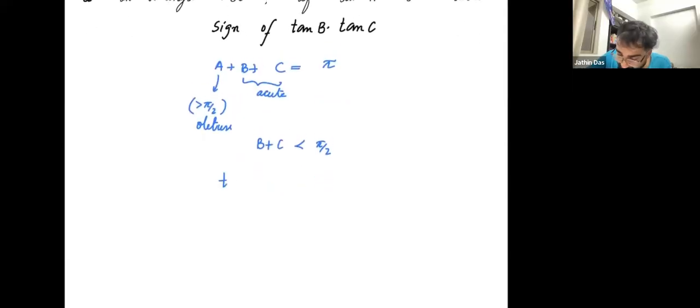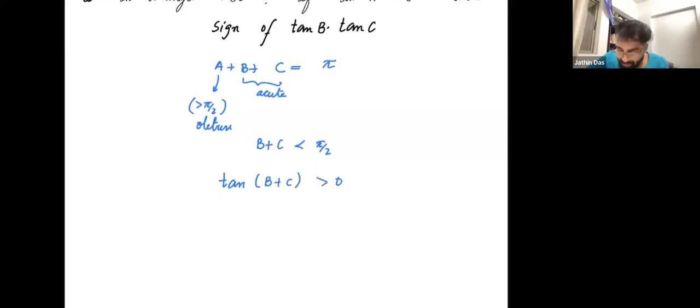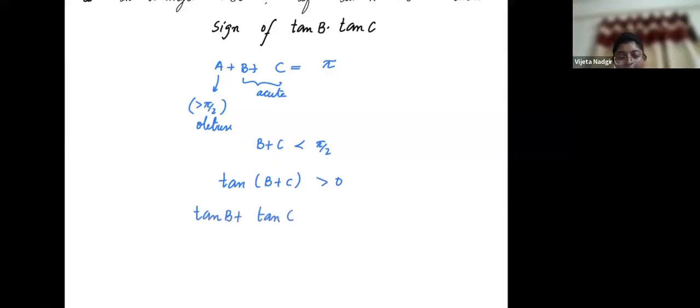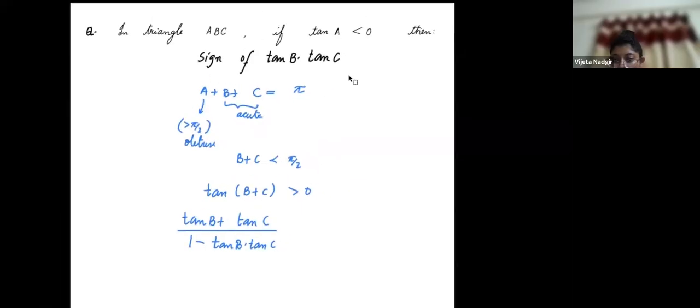So can I say tan(B plus C) is positive? Tan(B plus C) expands to (tan B plus tan C) over (1 minus tan B tan C). Understood how to get that sign? So negative.